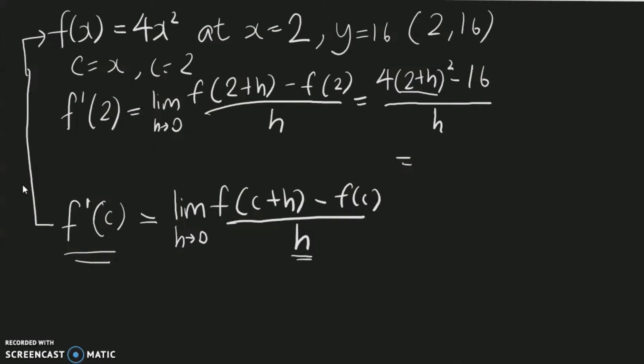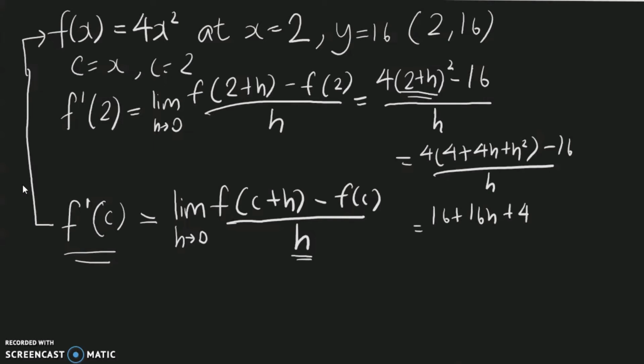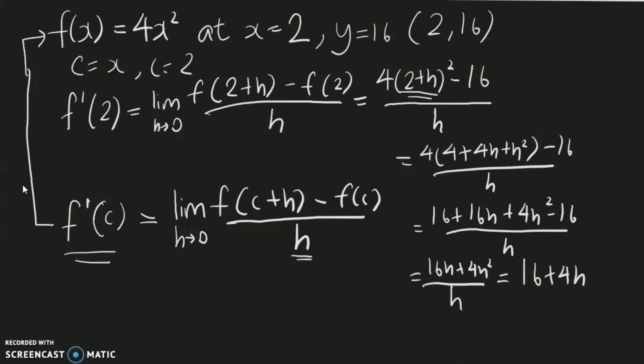Now let's break this up. That's 4(4 + 4h + h squared) minus 16, over h. Breaking it up, 16 + 16h + 4h squared minus 16, over h. So 16h + 4h squared over h is equal to, we can simplify, 16 + 4h.